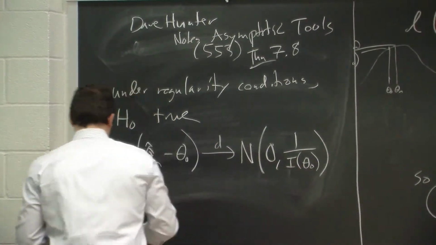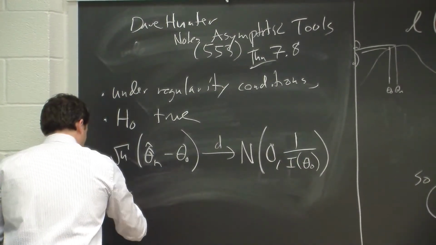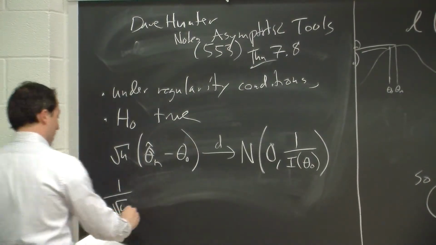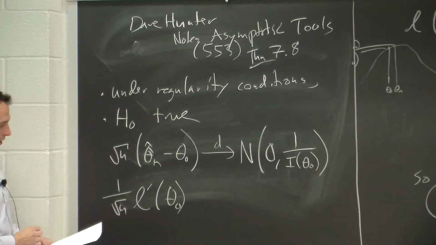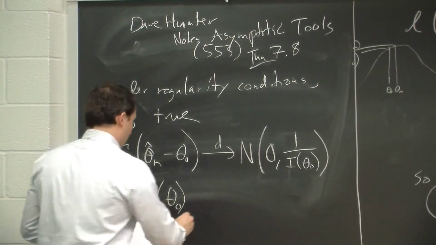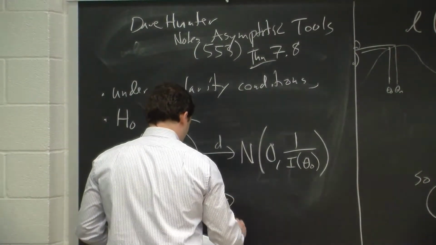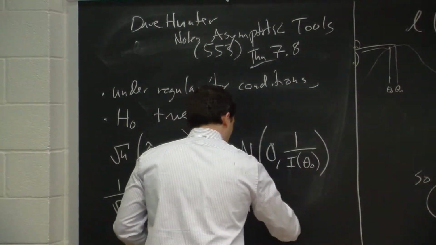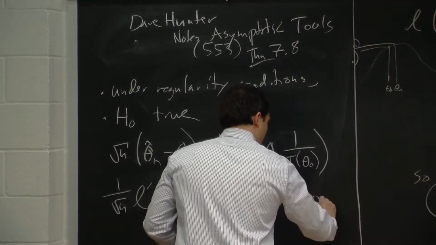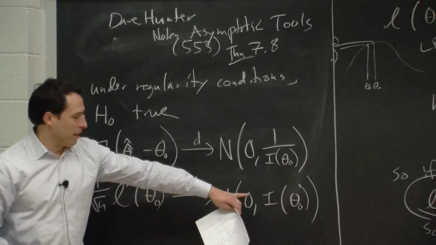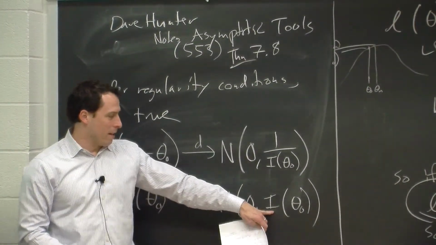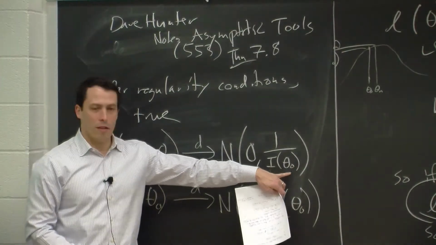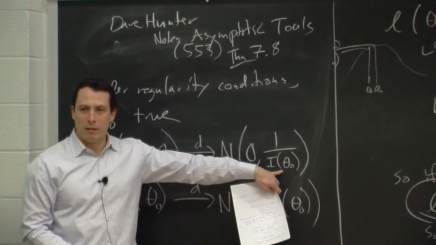And for the other ones, it's different scaling factors: 1 over root n times the score function, the derivative of the log likelihood at the true value, theta naught. This is going to converge in distribution to a normal with mean 0 and variance I of theta naught. So that's the variance here. Remember this one, we're only ever really going to use this Fisher information. In this one, we'll sometimes replace this with an I hat that's estimated from the data.